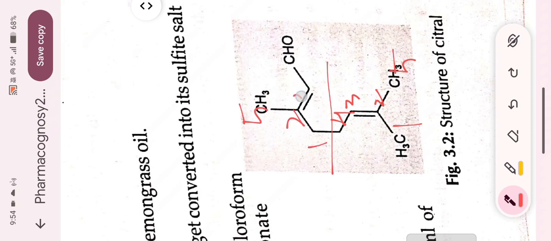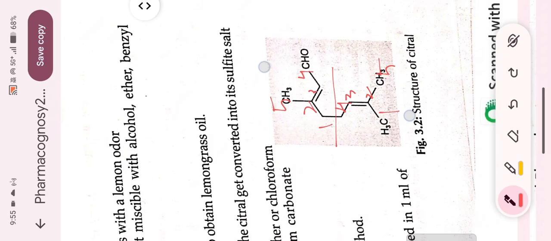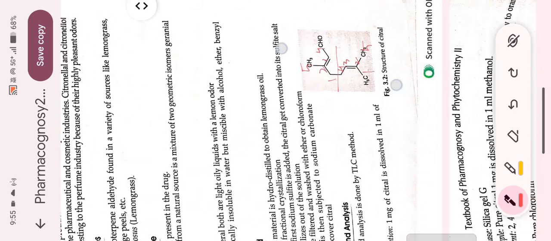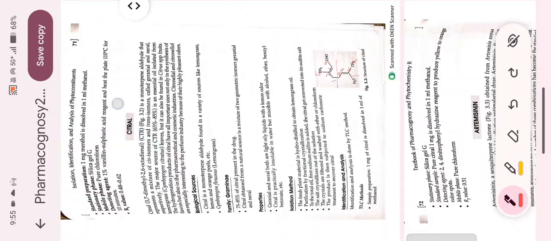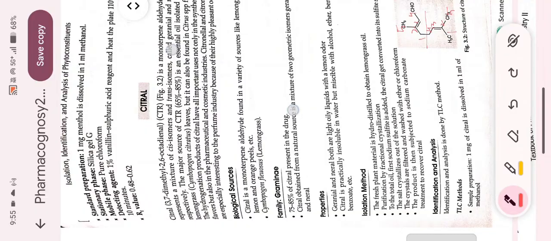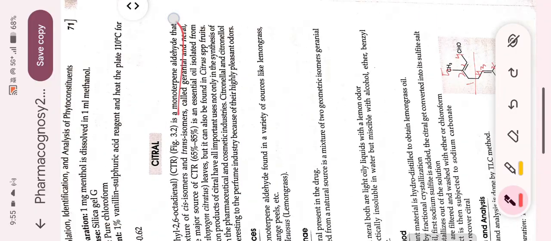This is 2, this is 5, this is 1, this is 3, this is 4. And we have only an aldehyde group. But here it is not joined like this. If you join it, we'll get menthol, but we don't have a hydroxyl group. So this is citral, a monoterpene aldehyde.